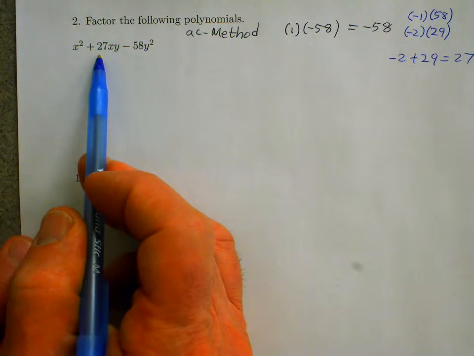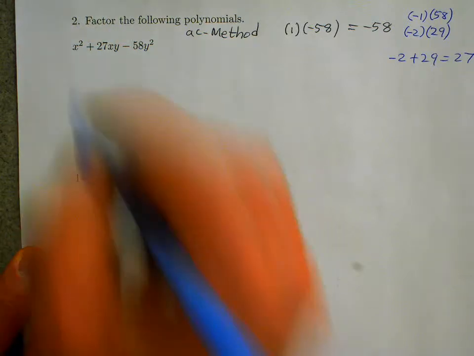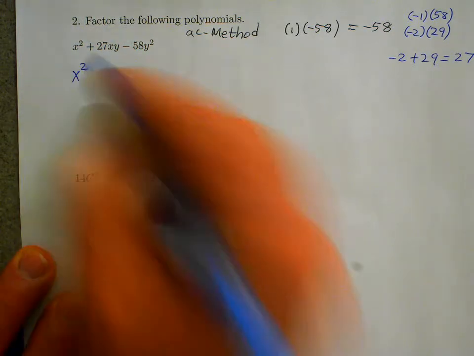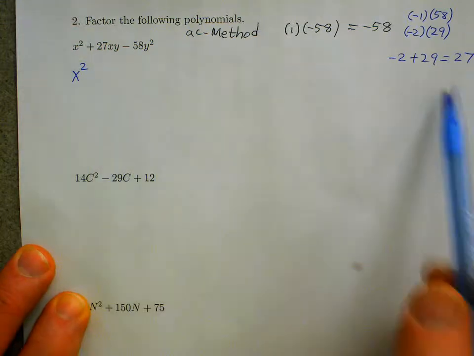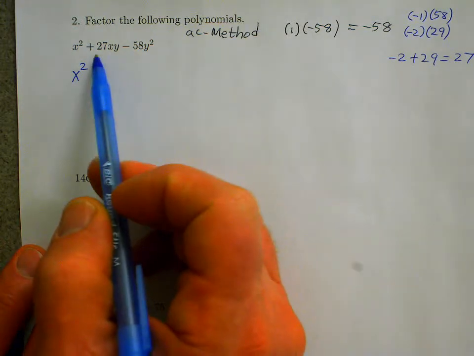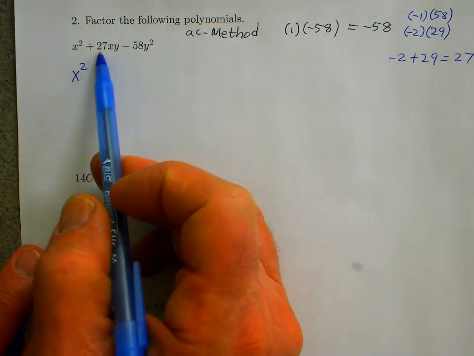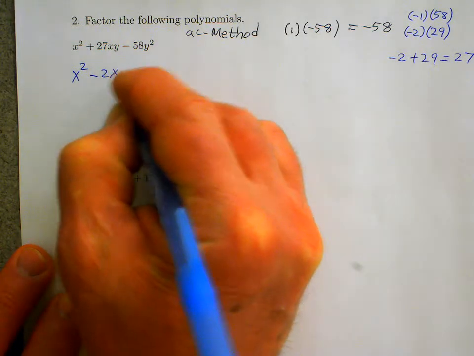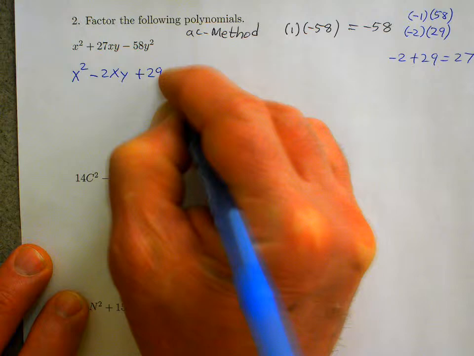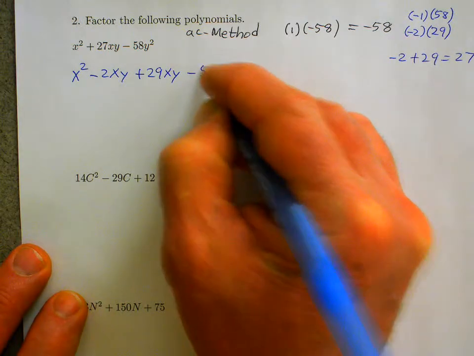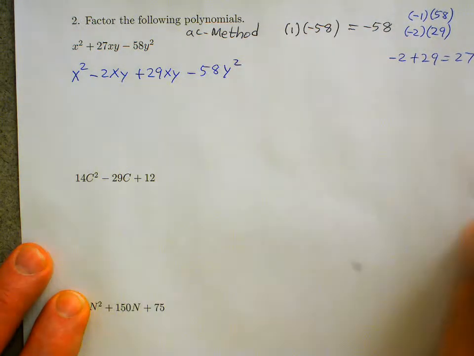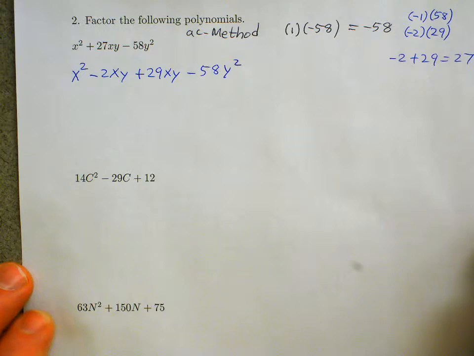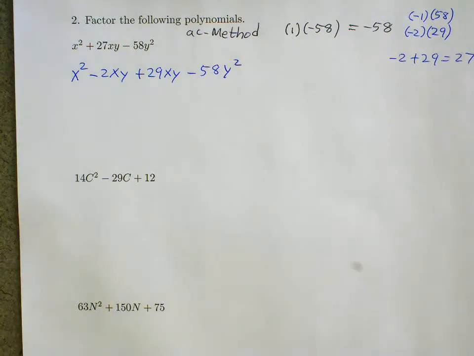That means this can be factored. So we transform the trinomial into a quadronomial. We replace the plus 27xy with minus 2xy plus 29xy, and then factor by grouping.